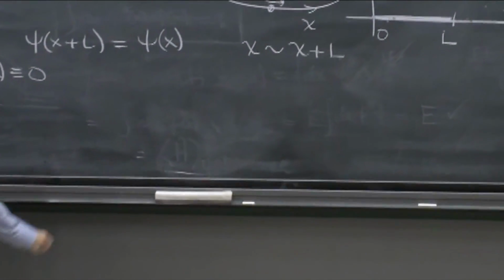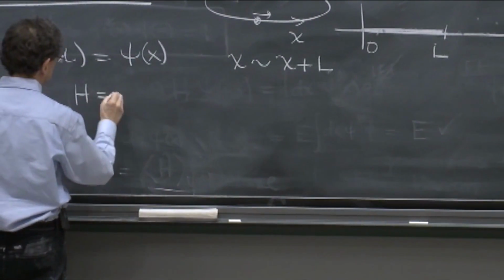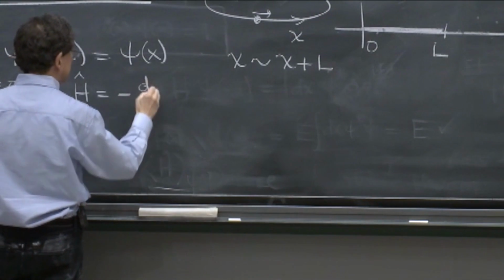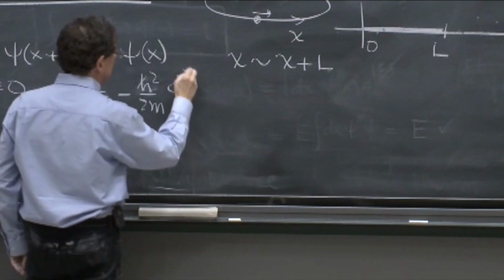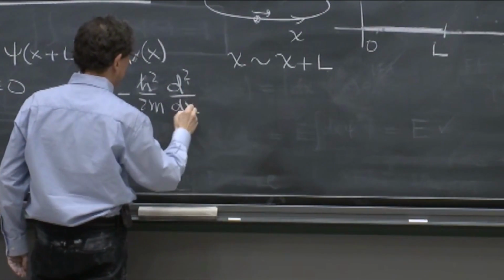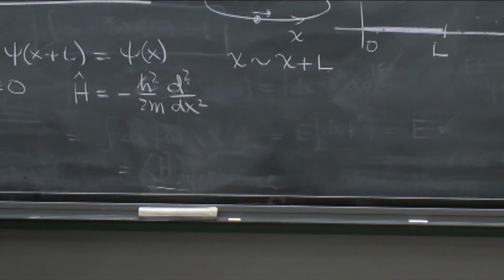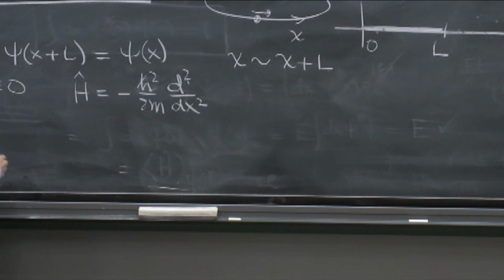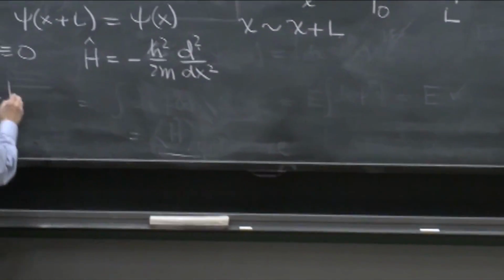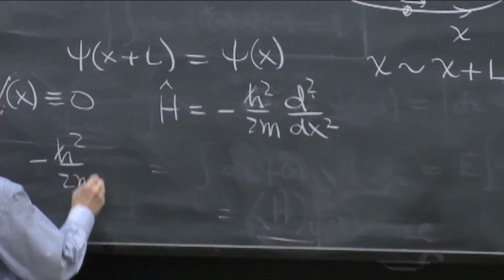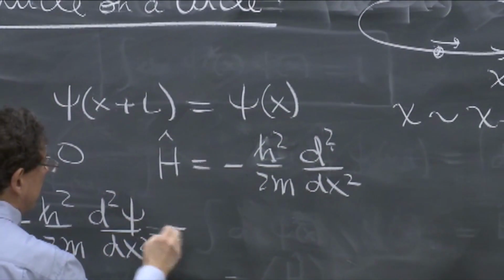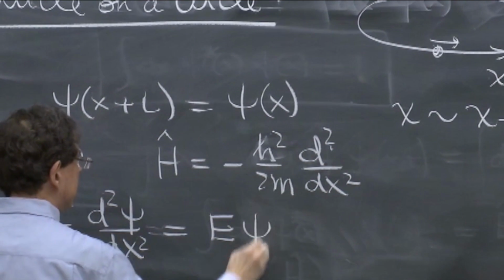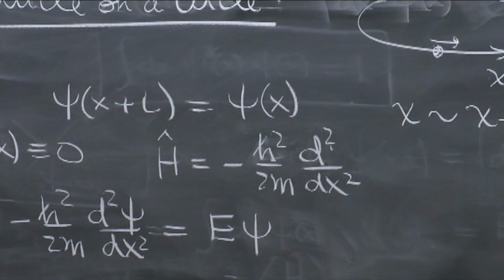So the Hamiltonian is just minus h bar squared over 2m, the second derivative d squared dx squared. Okay. We want to find the energy eigenstates, so we want to find minus h bar squared over 2m, second derivative of psi, d squared psi dx squared, is equal to E psi. We want to find those solutions.